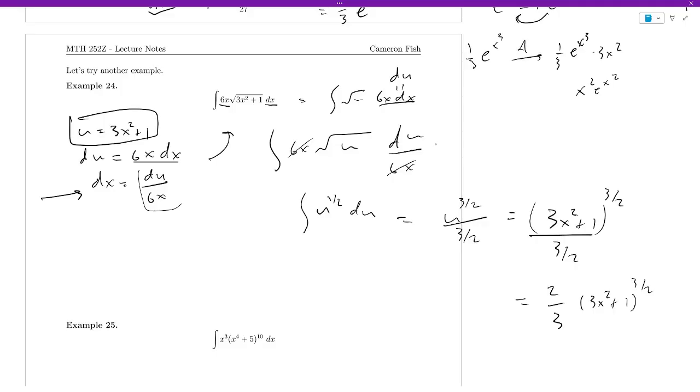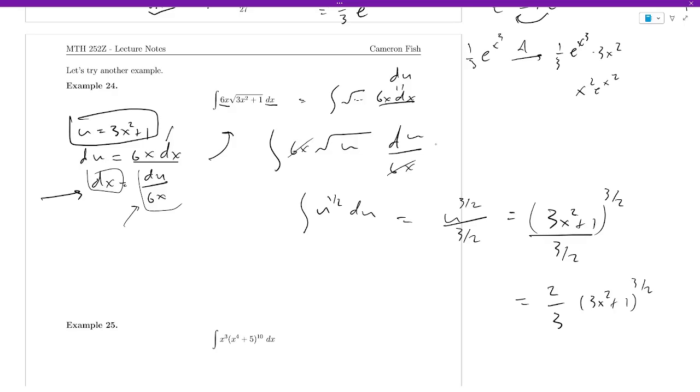When you do this method, sometimes it's easy to not realize, am I supposed to divide by 6, or am I supposed to multiply by 6? But that's why I like this one, because the algebra just tells you you're supposed to divide by 6.